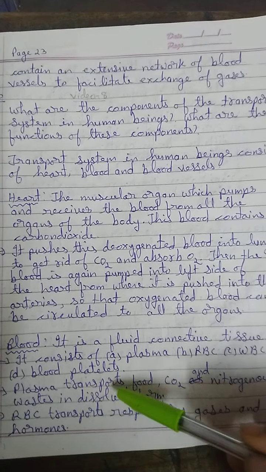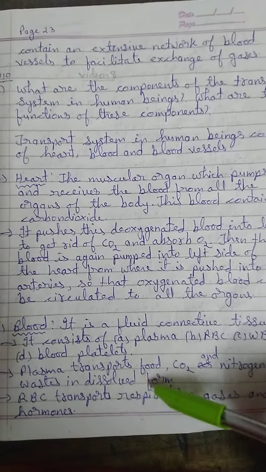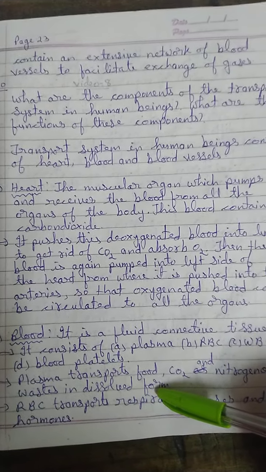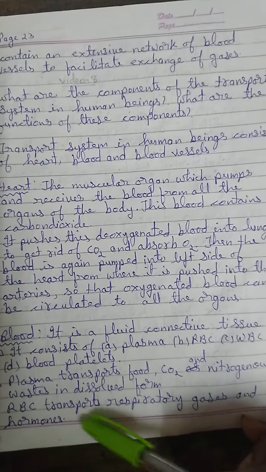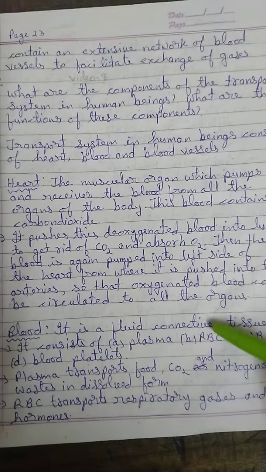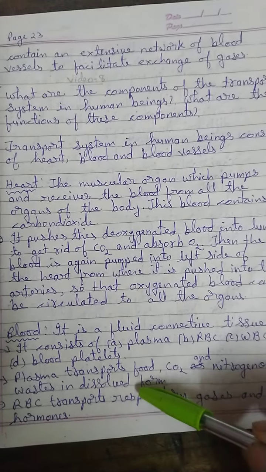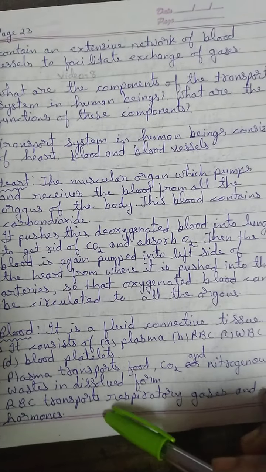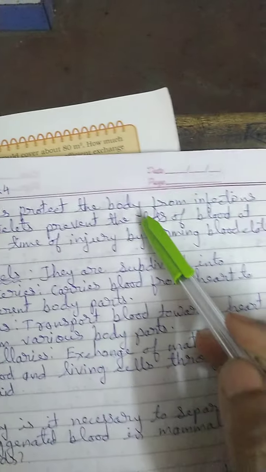Plasma transports food, carbon dioxide and nitrogenous waste in dissolved form from the organs to different organs. And RBC transports respiratory gases. These are the functions of the components. Plasma transports carbon dioxide, waste and food, RBC transports respiratory gases and hormones, and WBC protects the body from infection.